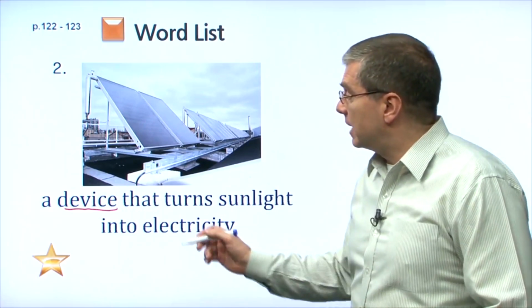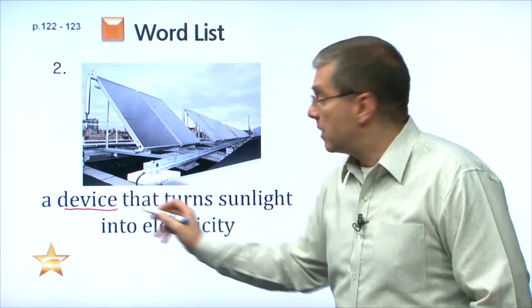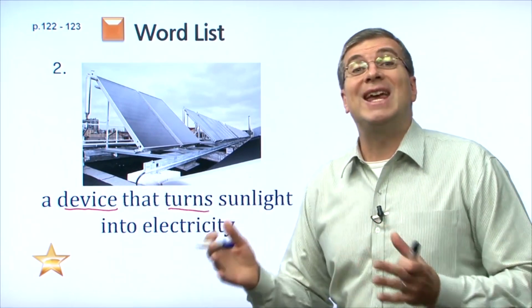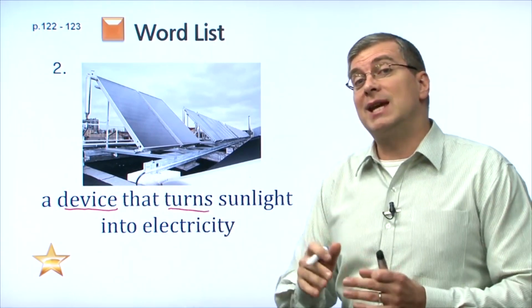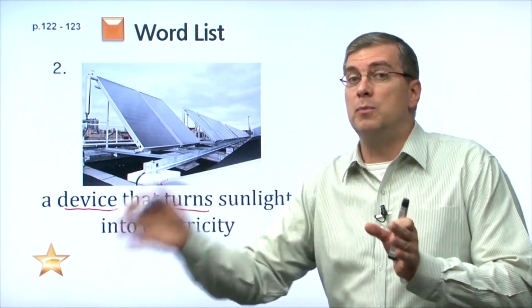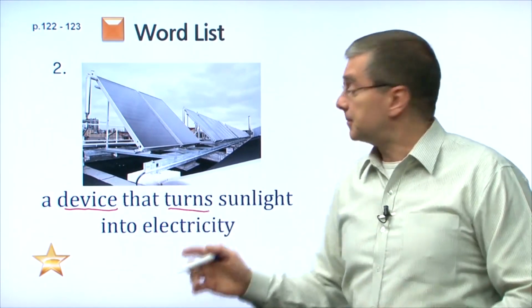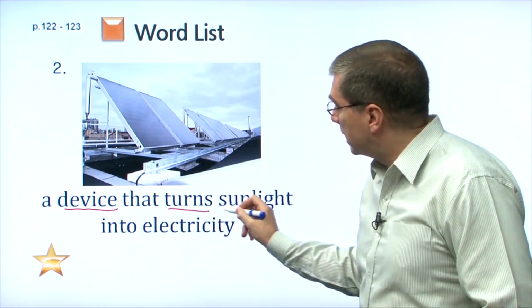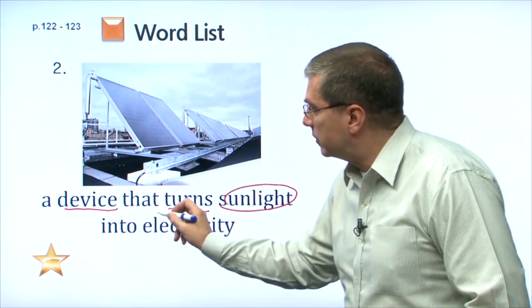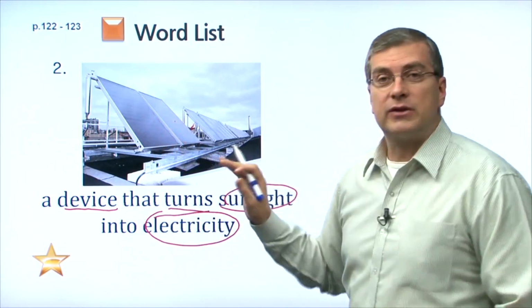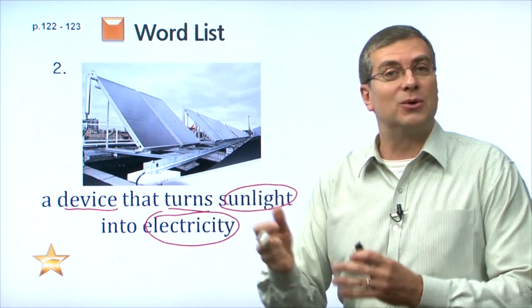In this case, it's a machine that changes. Okay? So when you say it turns A into B, it changes A into B. In this case, it's turning sunlight into electricity.